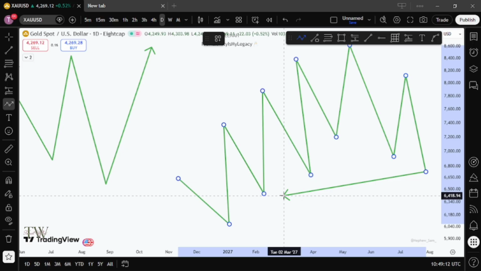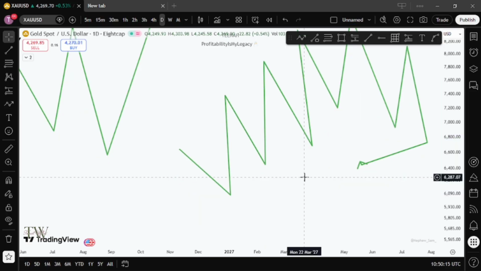Then the last type of liquidity is the structural liquidity. This is simply a minor break of structure found inside the internal liquidity or break of structure. I mentioned it in the break of structure class that when you come to the internals, one of the rules for a valid internal is that there is supposed to be a structural liquidity inside of that break of structure for the internals.